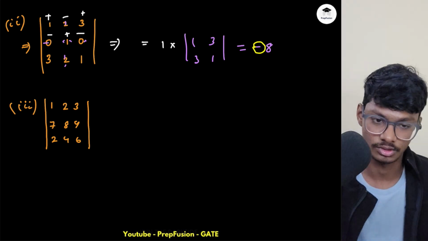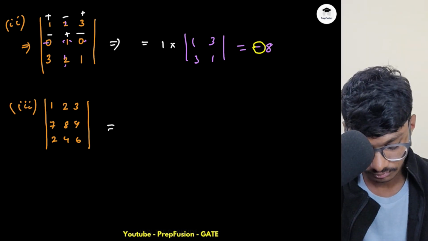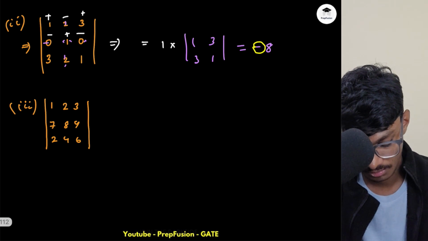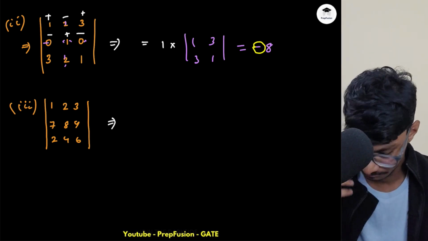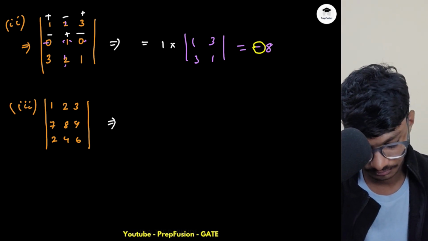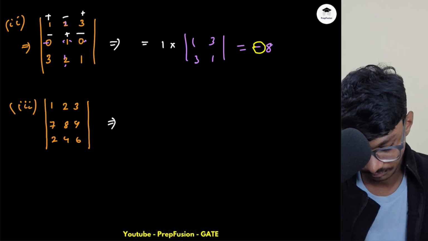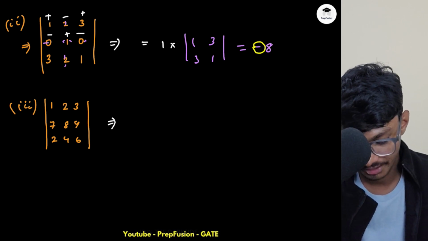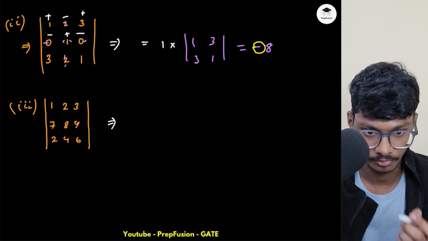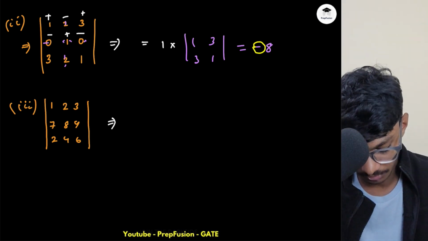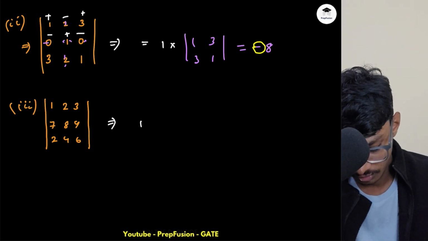So here in this case, what will happen? If I want to break this down about this row, let's break this down about this row. If I break this down about this row, what will happen? I will do this plus minus plus.